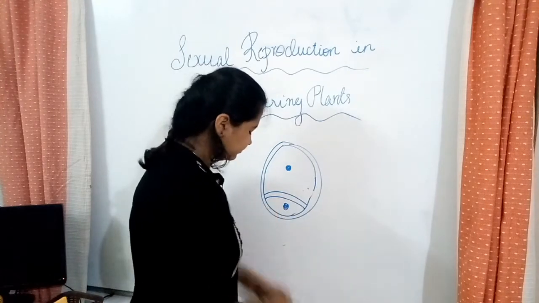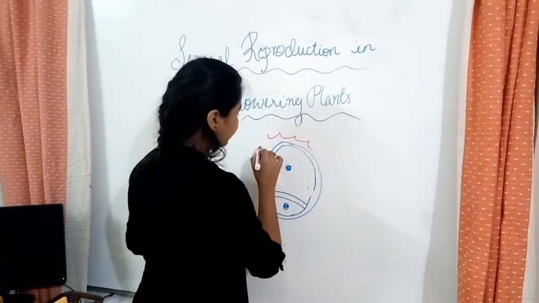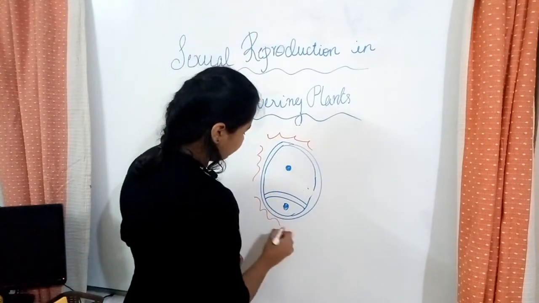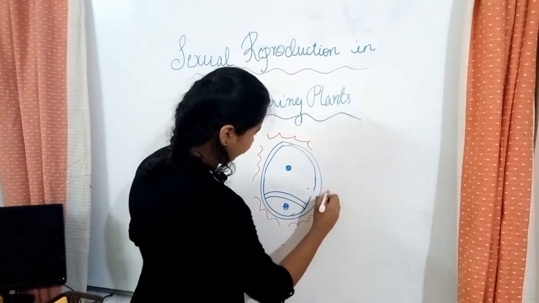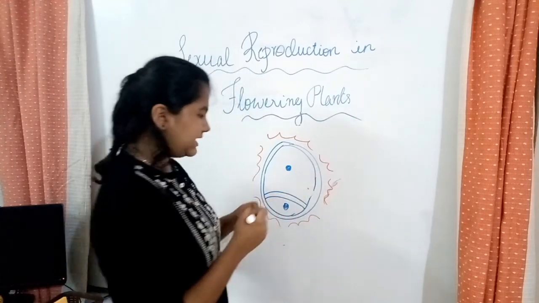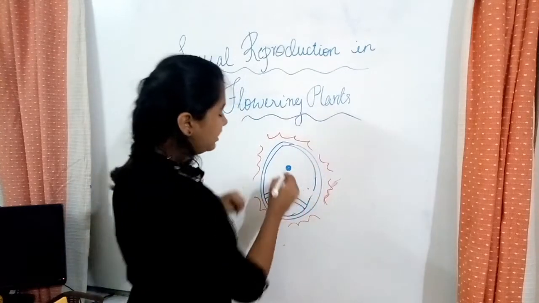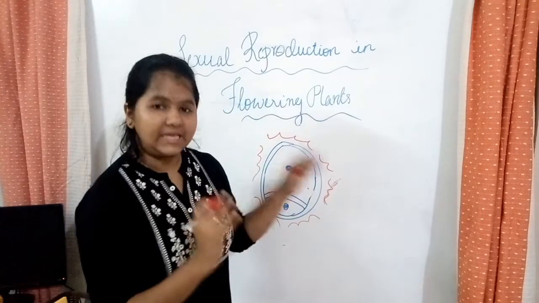And we have something known as the exine. So this is the exine. Now we have two cells, and we have to name each cell.